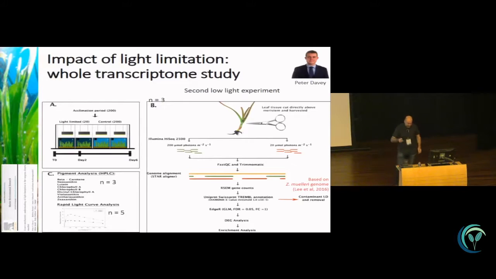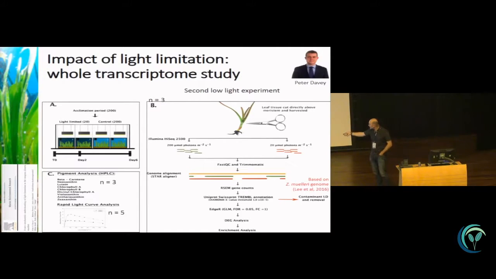Okay, the second light experiment. First one, we did the best we could. Second one, Peter Davies showed up just at the right time when we had our first transcripts. So he became the owner of the transcripts. So the experiment that he ran, you see that's pretty common, we don't change too much. Control light's 200 microeinsteins, low light's 20 microeinsteins. 6 days under these conditions, we measured the full suite of pigments.